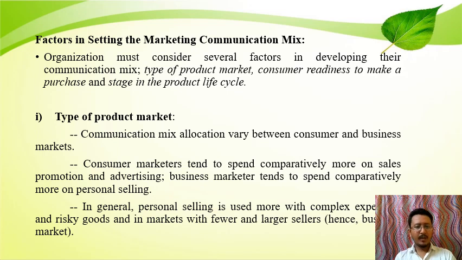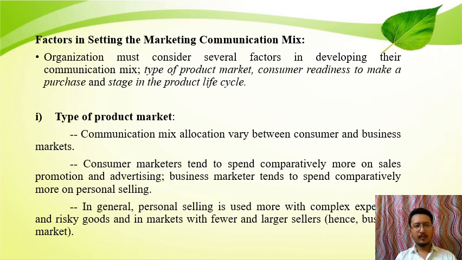Communication mix allocation varies between consumer and business markets, right? So what is the type of product market, whether it is consumer oriented, consumer centric, or business centric? I mean the product. So we have to consider that. Consumer markets tend to spend comparatively more on sales promotion and advertising, right?